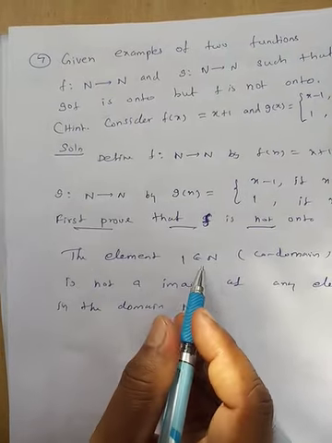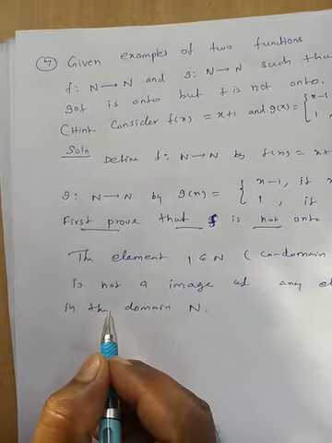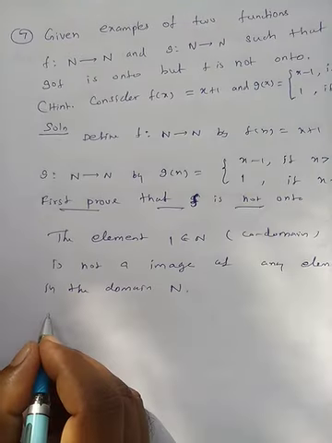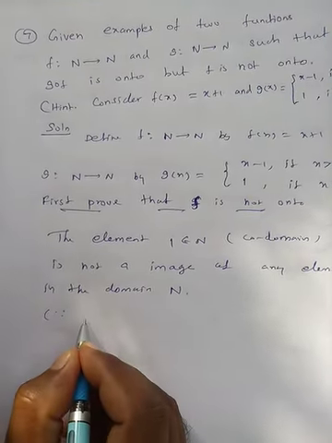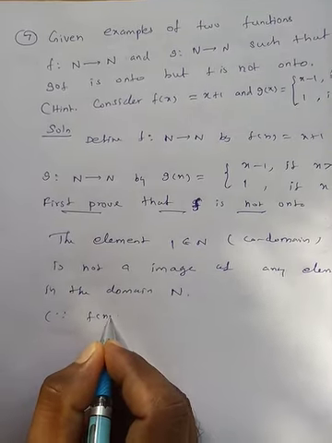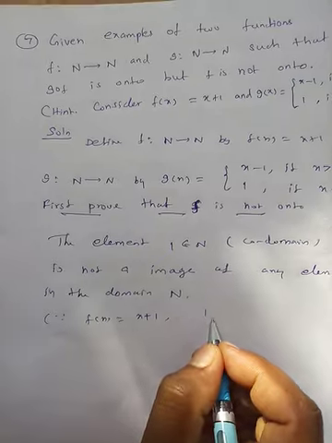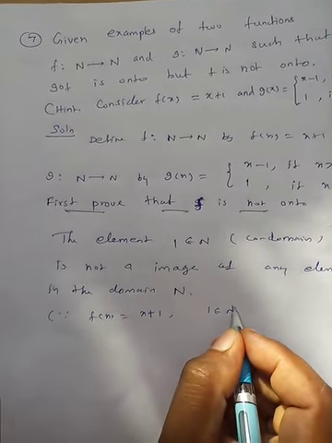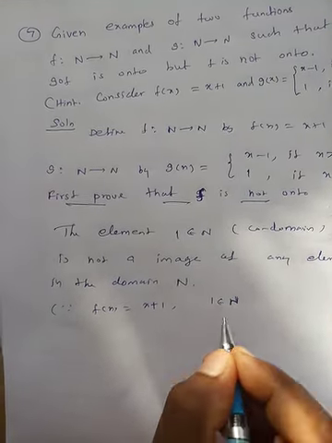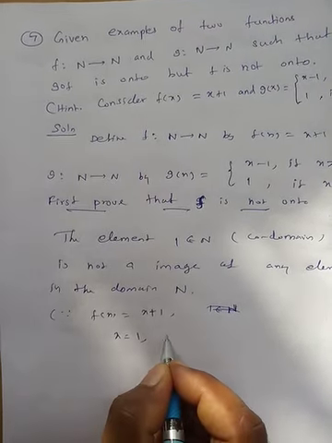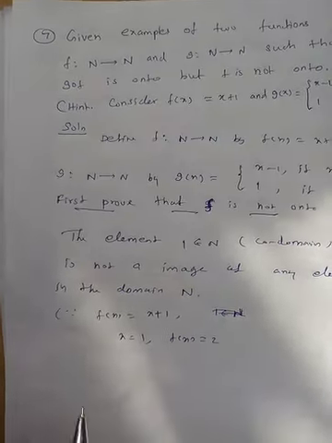The element 1 belongs to N in the codomain and is not the image of any element in the domain N. Because in the function f of x is equal to x plus 1, suppose x is equal to 1, then f of x is equal to 2.